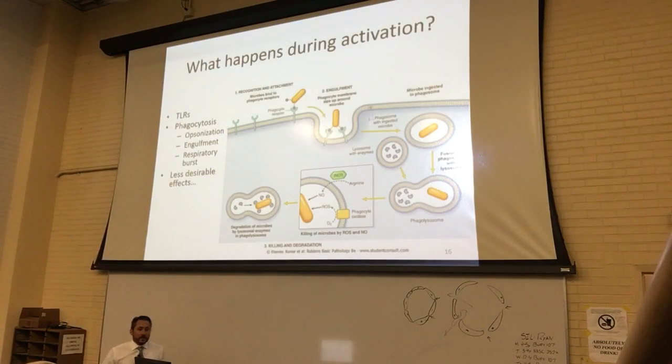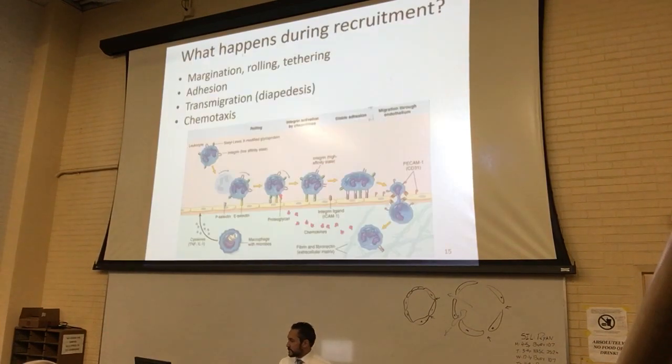All right. So what happens during activation? Activation of a white blood cell, for example, when this leukocyte, which is considered a monocyte inside the bloodstream, as soon as it diapedeses and leaves and enters the tissue, it turns into a macrophage.